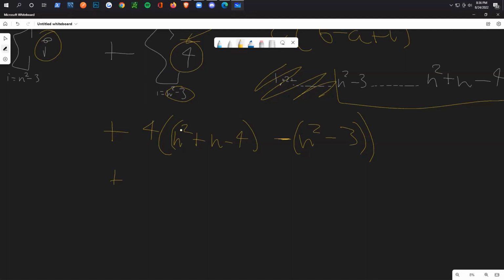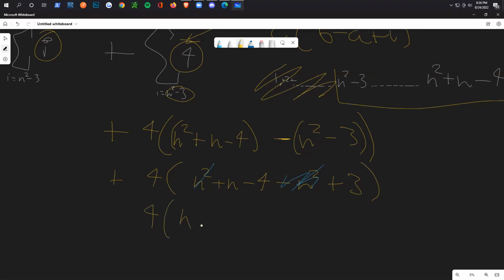So let's solve the inside first. We have n squared plus n minus 4 minus n squared plus 3. Let's break out like terms and remove them. This is done, this right here is also done. We end up with negative 4 plus 3, which gives us negative 1.